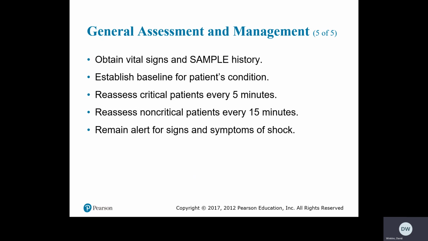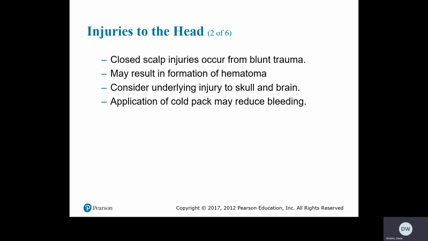One of the easiest things that you can do for this is set the monitor up to do that for you. It will automatically do your blood pressures and create a vital sign history every 5 minutes, every 10, every 15, whatever it's programmed to. And you can change that. We're always going to be alert for signs and symptoms of shock as well, with all these patients.